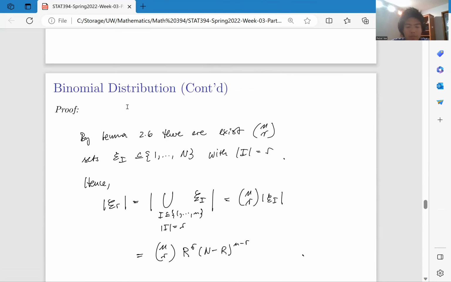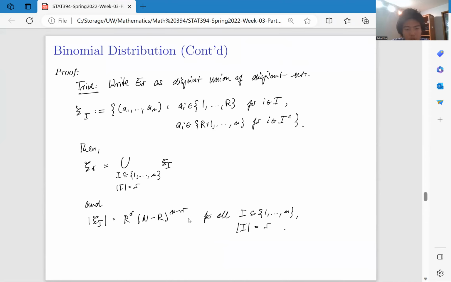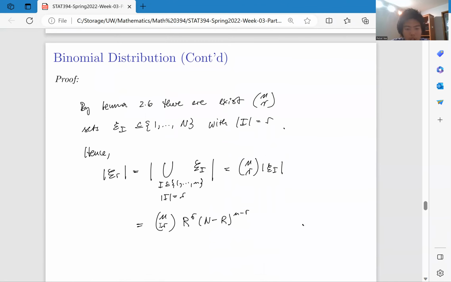So we multiply the permutation into this formula, and we get N choose R times R to the power of R times N minus R to the power of N minus R. We add the permutation to take the order into consideration.